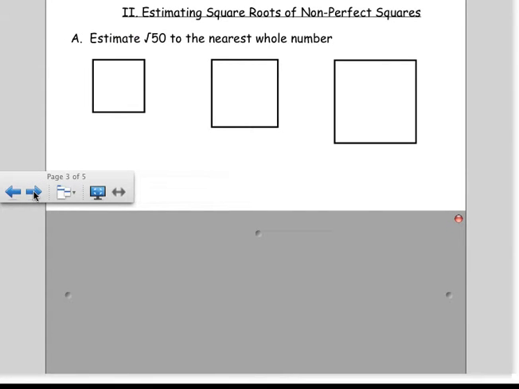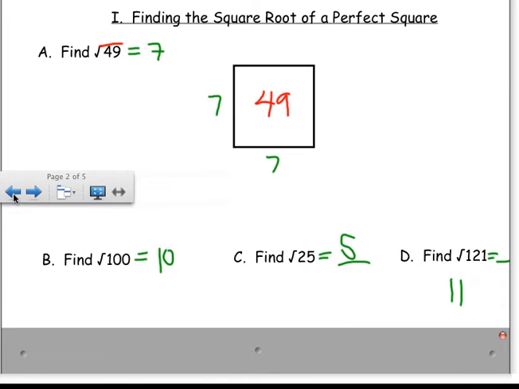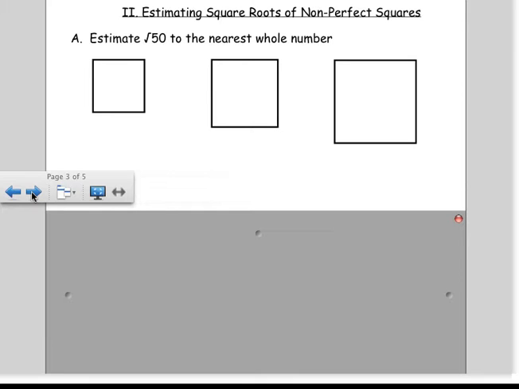Now we're going to look at how you'd estimate the square root of a number that's not a perfect square. If you look at all these examples, 100, 25, 121, and 49, these were all perfect squares. They were numbers that we put on the flashcards so that we could remember them. But sometimes we need to find the square root of a number that's not a perfect square, and we need to estimate.